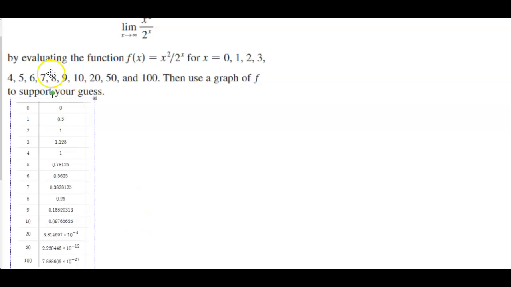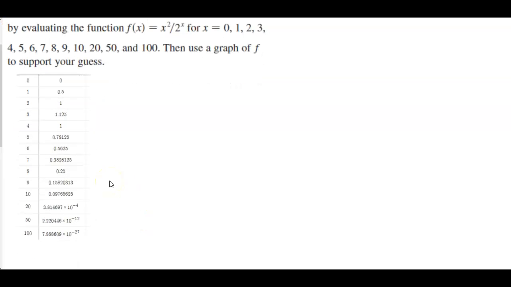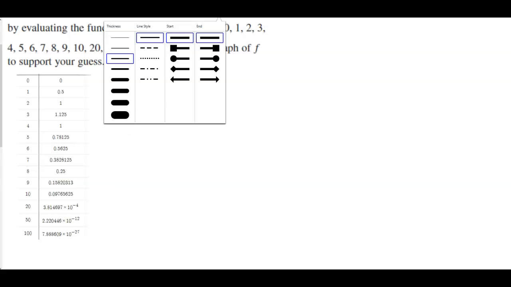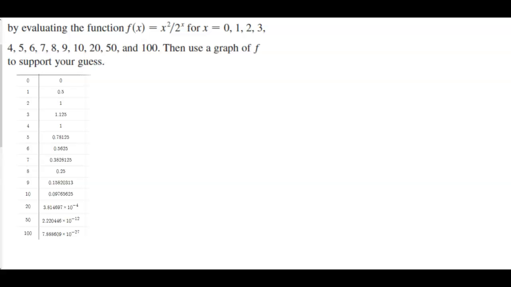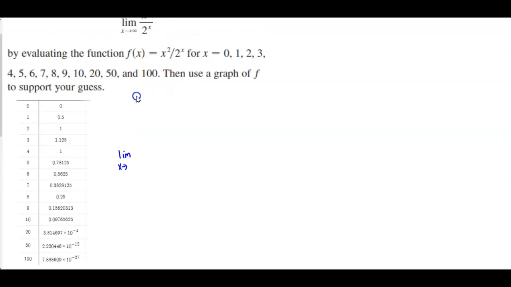So what is the table telling us? Well, as you can see here, the limit as x is approaching positive infinity of the function x squared divided by 2 to the x is going to what value?